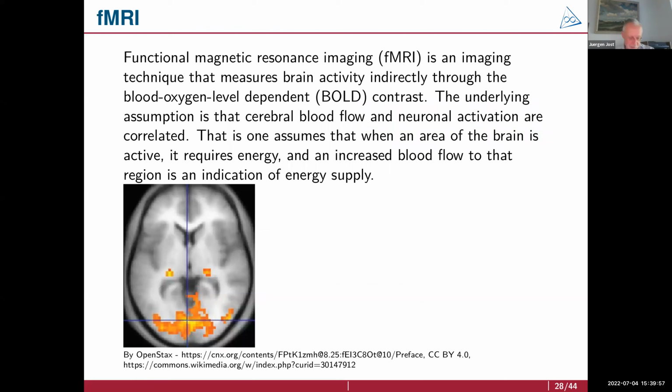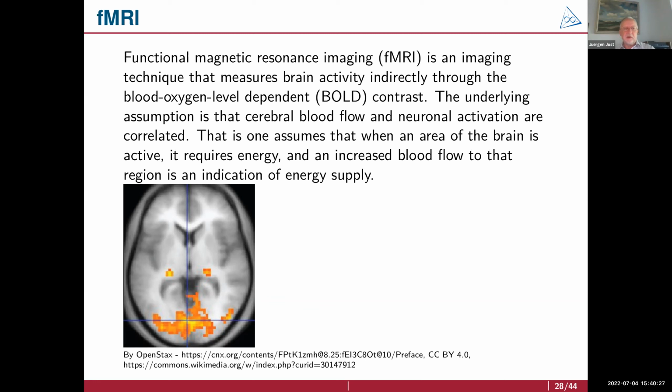Now I want to show you the same type of analysis in, again, a very different biological setting, namely brain imaging. Probably you've heard about fMRI, which stands for functional magnetic resonance imaging. And this is an imaging technique where you're put into a scanner, exposed to a magnetic field in order to measure the blood oxygen level dependent contrast.